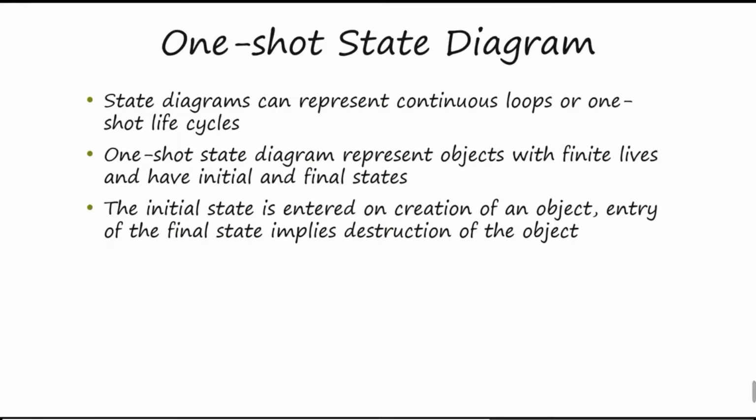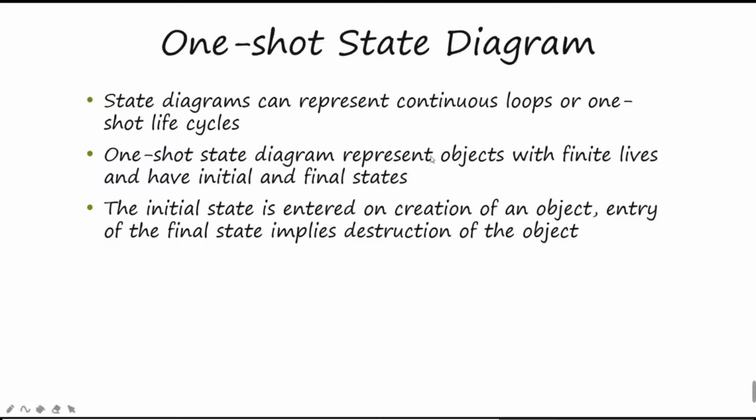And just now the telephone line was a continuous loop. And sometimes we have a one-shot life cycle. It means there's no loop in the states. A one-shot state diagram represents objects with finite lives and has initial and final states.